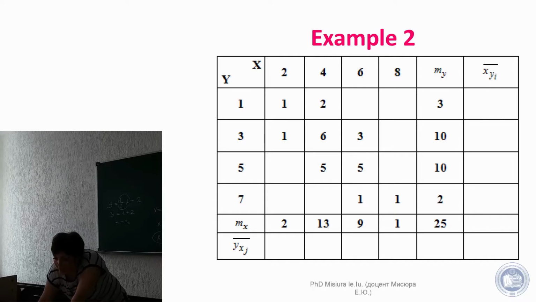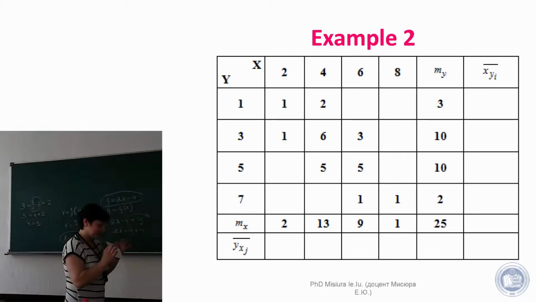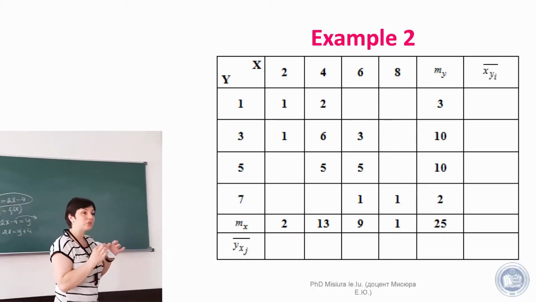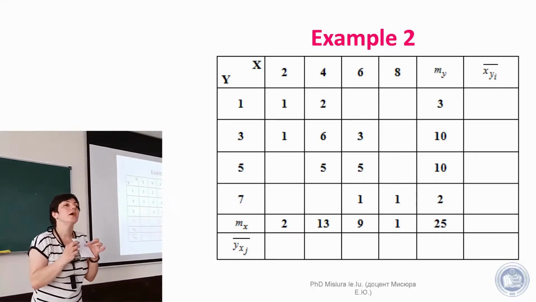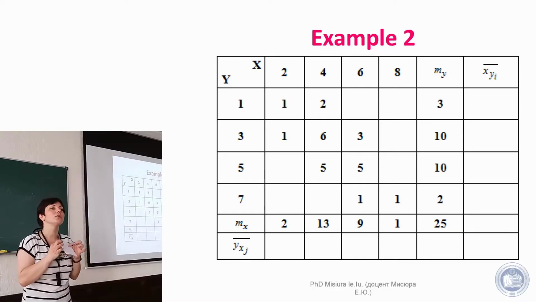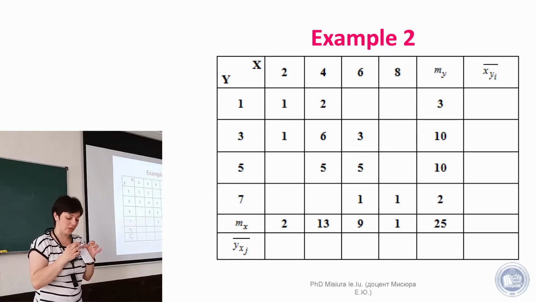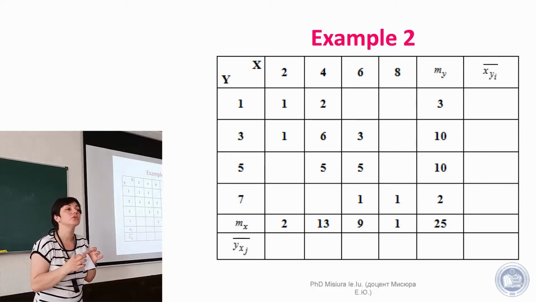In order to find all values of this table, now, students, let's get elements of row and column. How to find mx? Let's copy our row, which is called mx. In order to find mx, please look at the first column. For example, 1 is repeated once, 3 is repeated once. Total number equals 1 plus 1, 2.